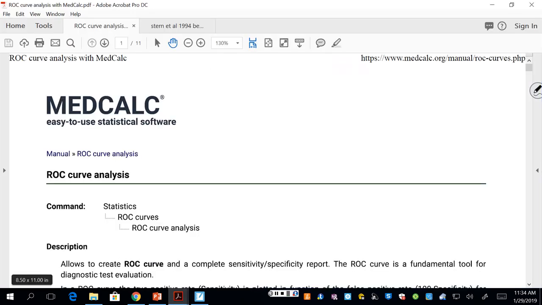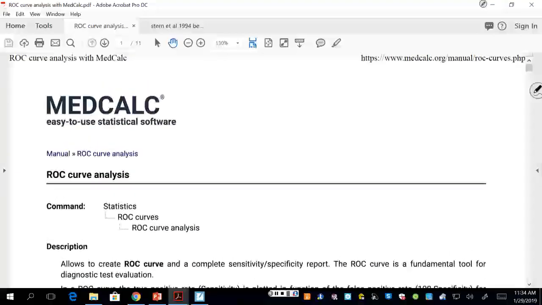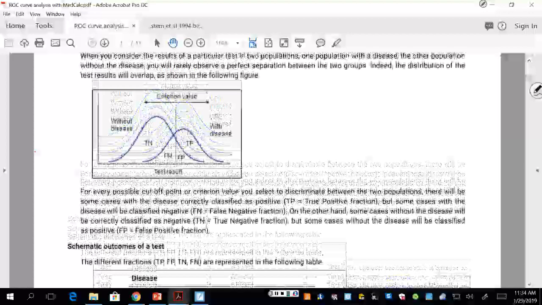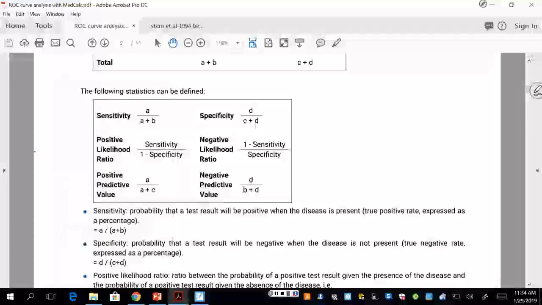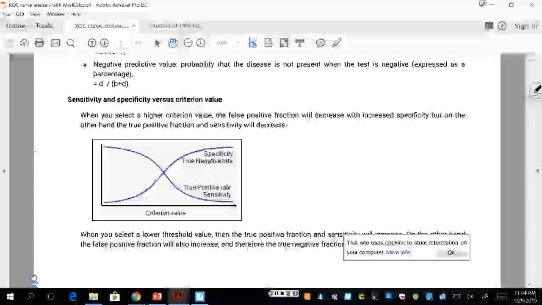So there's many different things that do these ROC curves in statistical analysis. I just Googled this, and there's this MedCalc thing, and what they have is a little manual. It talks about predictive sensitivity and specificity, and you get predictive values, correct or in error.